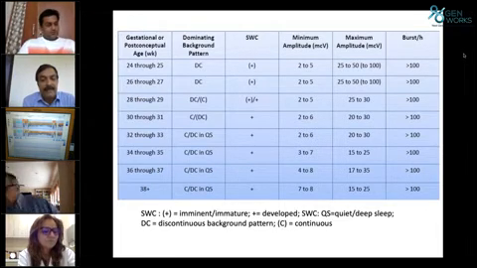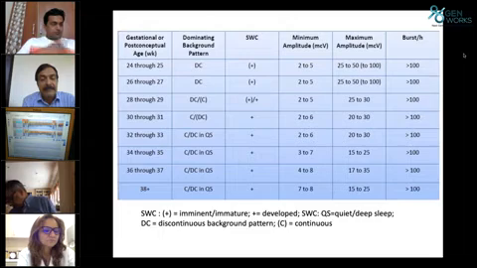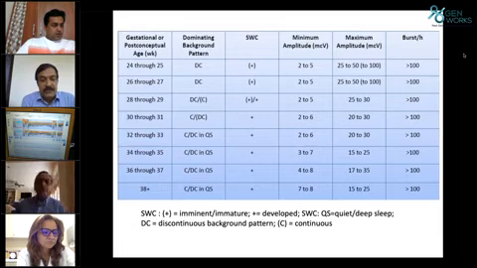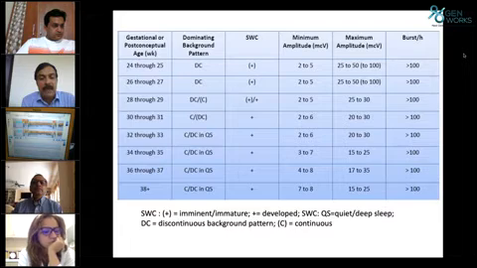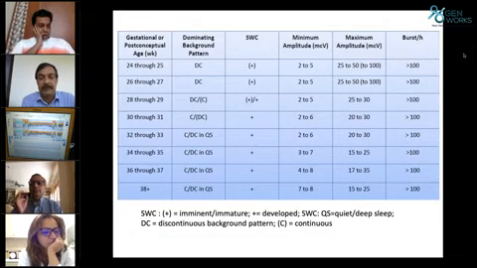And then as the baby matures further, we are able to see a discontinuous pattern in quiet sleep. So the message is very clear: in the more premature baby, the pattern is very discontinuous. As the baby matures, it is a continuous pattern, added to a pattern of discontinuity in quiet sleep.